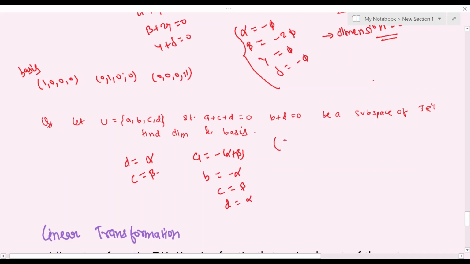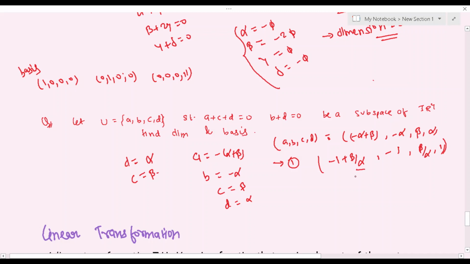So you can write these 4 entries A, B, C, D as (minus of alpha plus beta, minus alpha, beta, alpha). In the first case, divide this by alpha. So this is (minus 1 plus beta upon alpha, minus 1, beta upon alpha, 1). Then make beta by alpha 0. So what is left is (minus 1, minus 1, 0, 1).